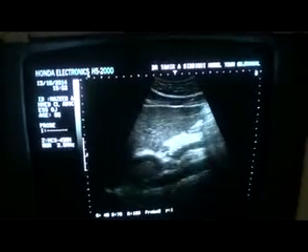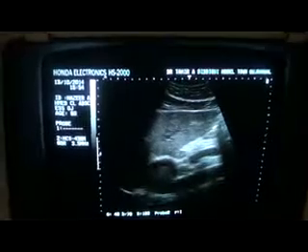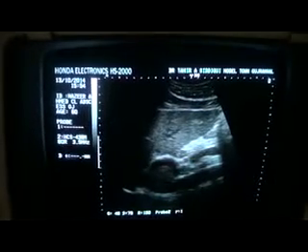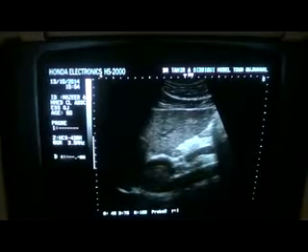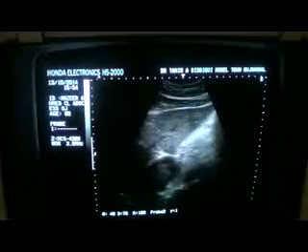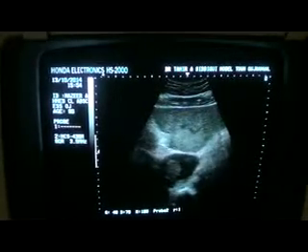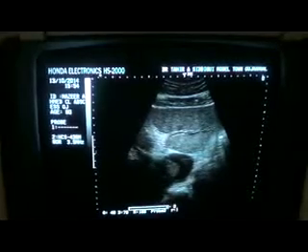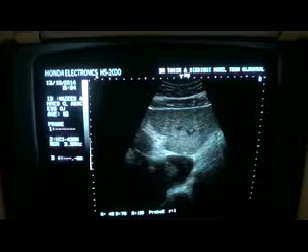As we know, the caudate lobe is bounded anteriorly by the ligamentum venosum, and the IVC courses posterior to it. So this is the caudate lobe of the liver in longitudinal section, and here we are seeing it in transverse section, again bounded by ligamentum venosum.